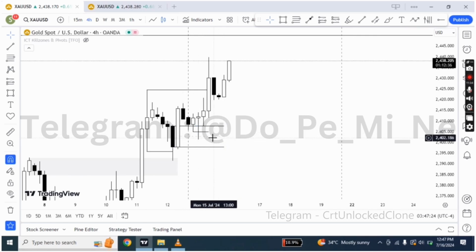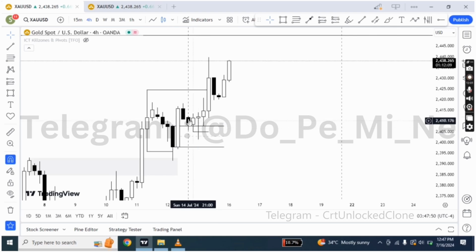Now your expectation here would be to expect higher prices, right? Because price has already tested a key level, and as I said before, you missed the move and now you're going to stay out and stay risk off. But if in some case price tests this mean threshold and takes out this CRT, which wasn't tested before, then you can trade it and expect higher prices again, right?